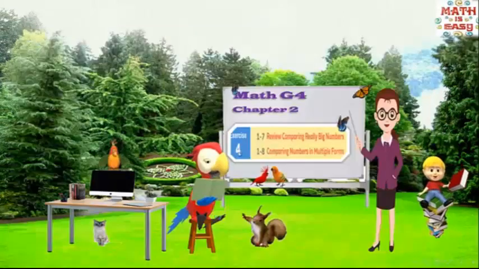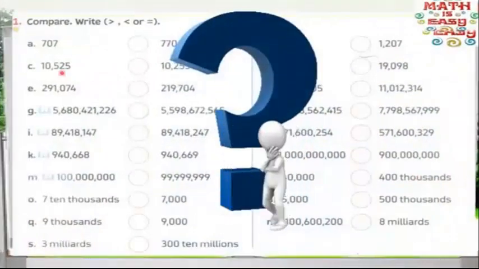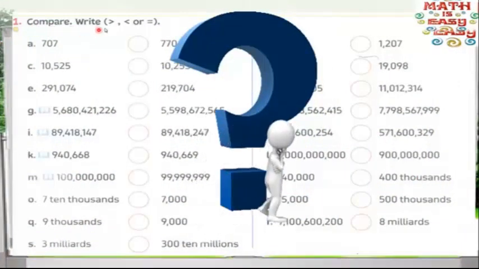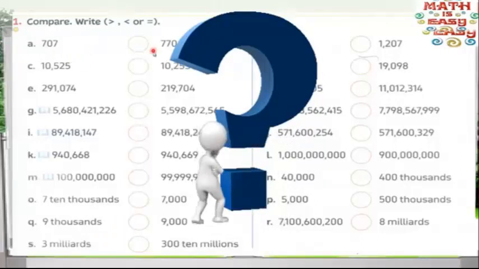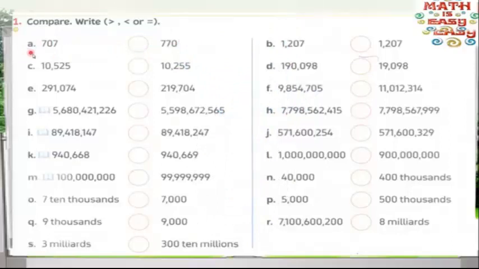I will solve exercise 4. I want you to focus well, and let's start. First question: compare and write more than, less than, or equal. How can we compare two numbers? As we said in the previous video, you should start from the left side and see all digits to reach the different digits in the two numbers, like this.